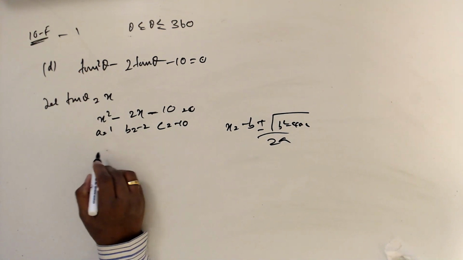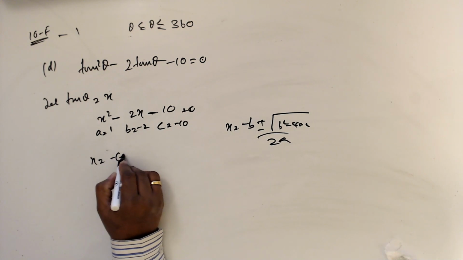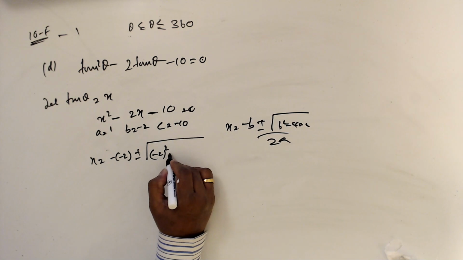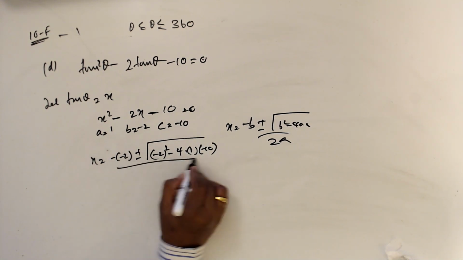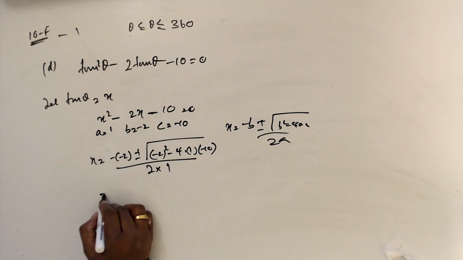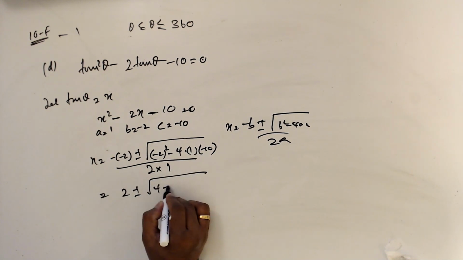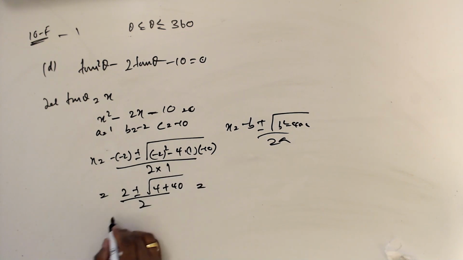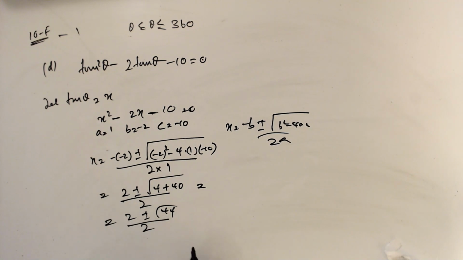So x equals minus b, which is going to be minus minus 2, plus or minus the square root of 2 squared minus 4 times a times c, which is minus 10, over 2 times 1. So this is 2 plus or minus the square root of 4 plus 40, over 2.